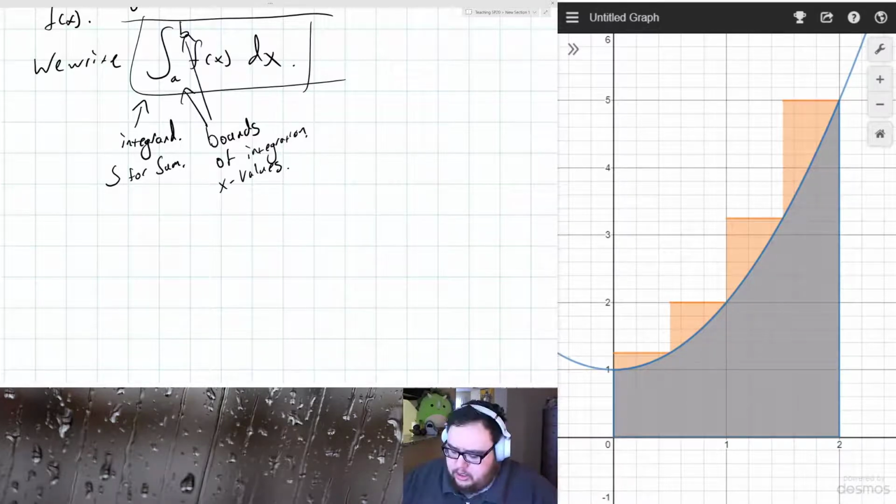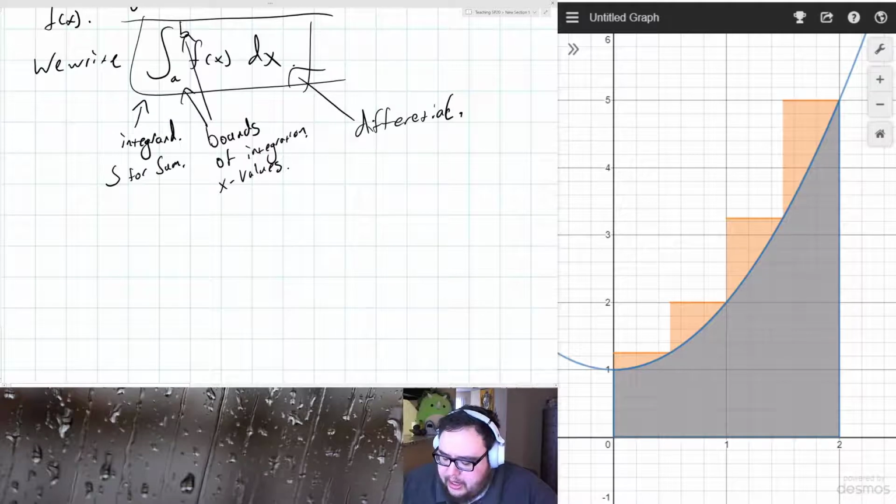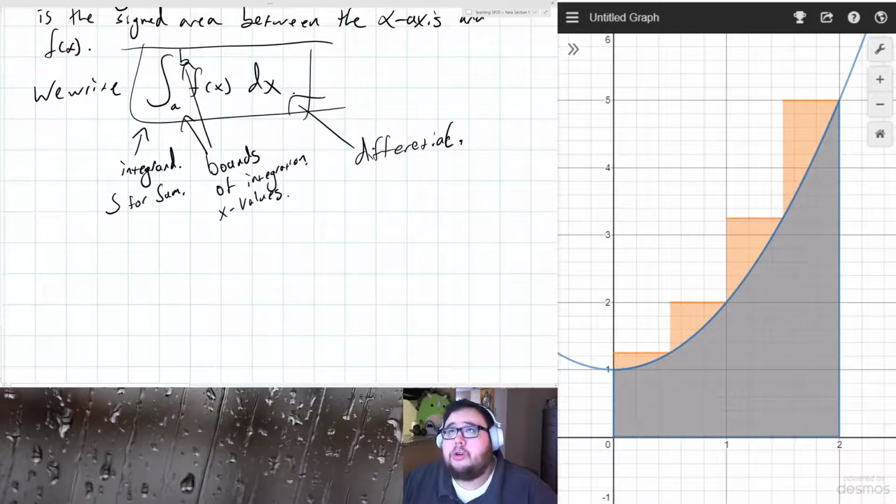And then the dx part here is what's called a differential. The idea is basically that we're taking the sum of all those tiny little rectangles, okay? And that's what the S stands for. It stands for the sum, right? And the height of the rectangles is the actual value of the function at a given value of x.